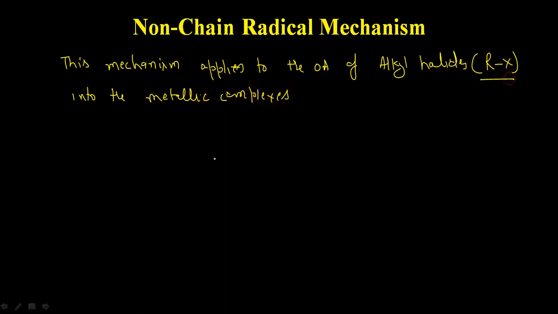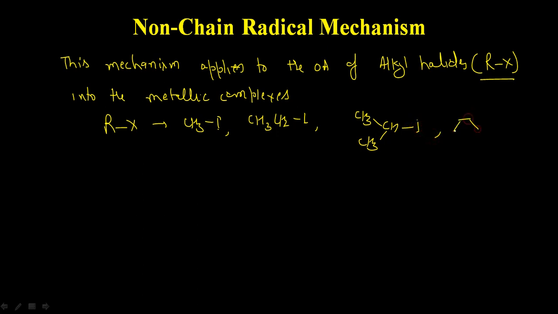These alkyl halides may be methyl iodide, ethyl iodide, isopropyl iodide, and even benzyl bromides.